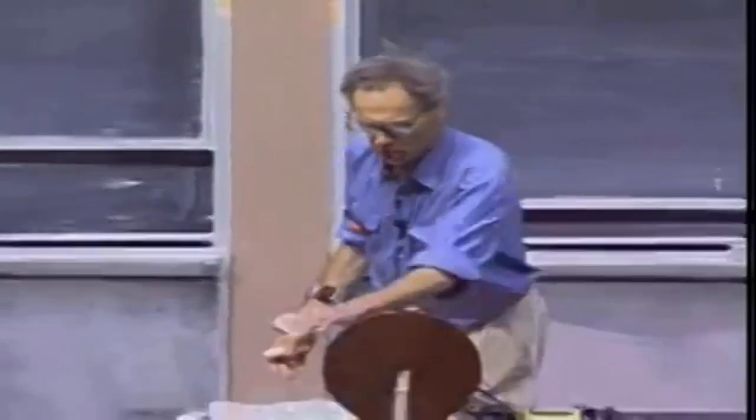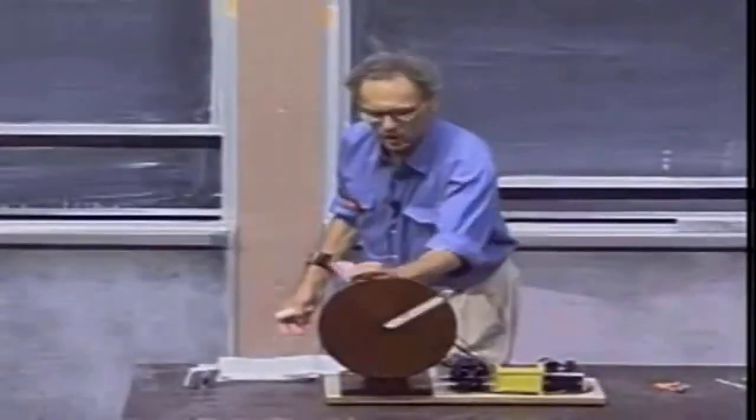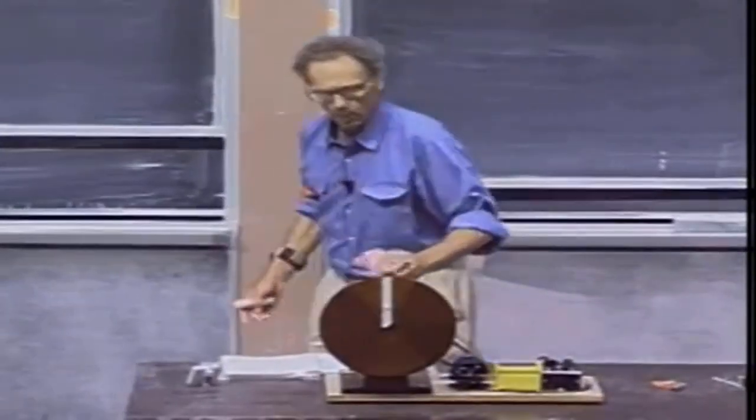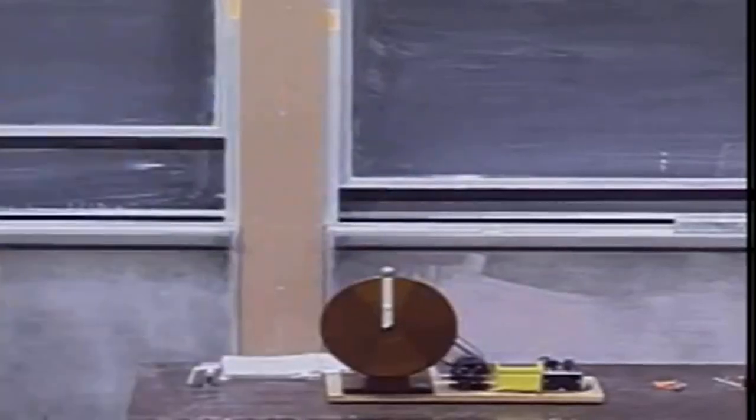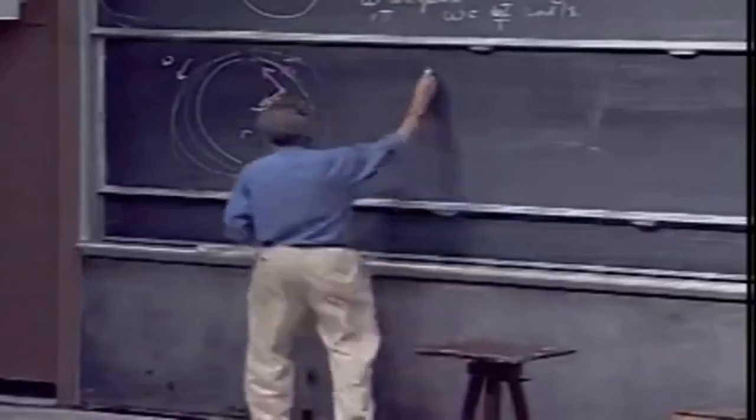I have here a disk which we will rotate, and at the edge of the disk here, we have a little ball. And the ball is attached to that disk with a string.